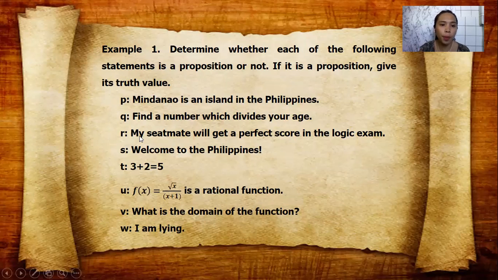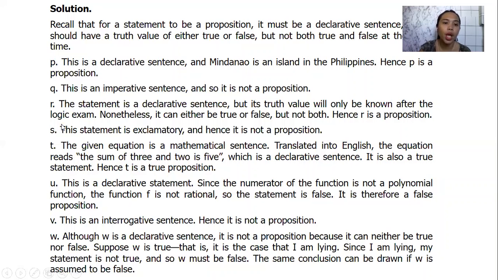Okay? Let's proceed to other example. R is the proposition my seatmate will get a perfect score in the logic exam. So the statement here is a declarative sentence because it is declaring that his or her classmate will have a perfect score on the logic exam. So it is a proposition because it is a declarative sentence. But we cannot identify its truth value yet.